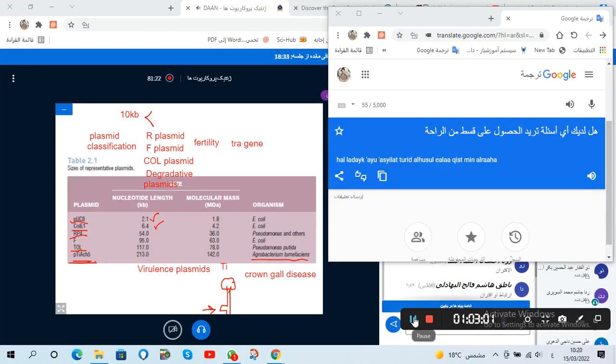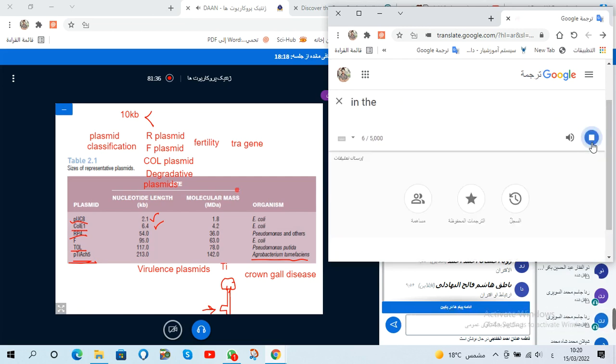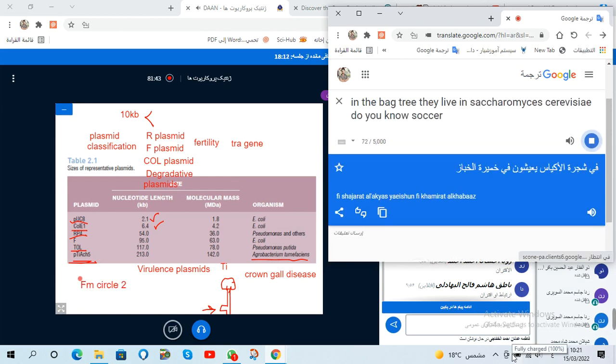There is one type of plasmids which is not just in the bacteria. They are in the eukaryotes. They live in Saccharomyces cerevisiae. Do you know Saccharomyces cerevisiae?